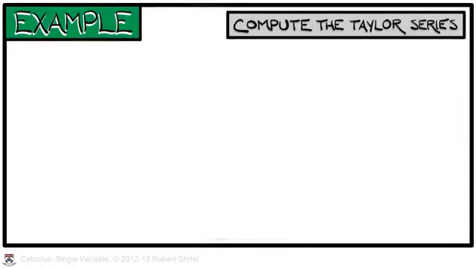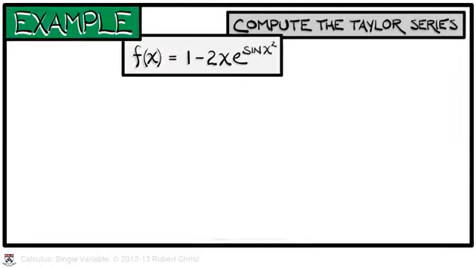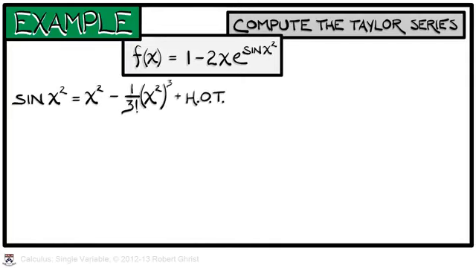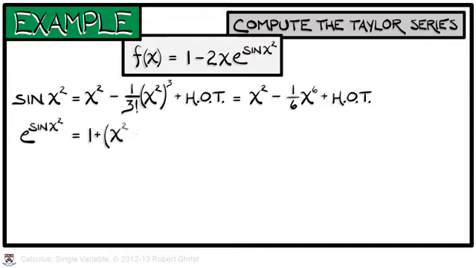Let's look at this in the context of a simple example. 1 minus 2x times e to the sine of x squared. We'll begin with the Taylor series for sine of x squared, which is simply x squared minus x to the 6th over 6 plus higher order terms. What happens when we exponentiate this?